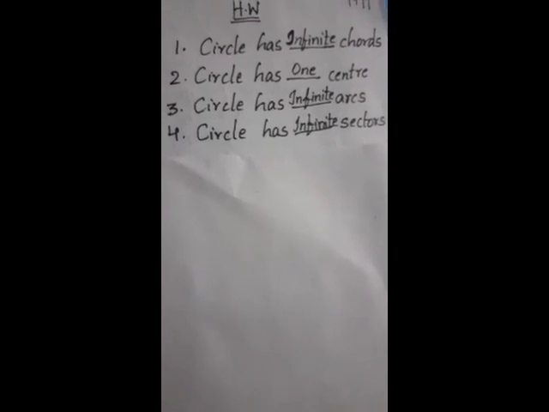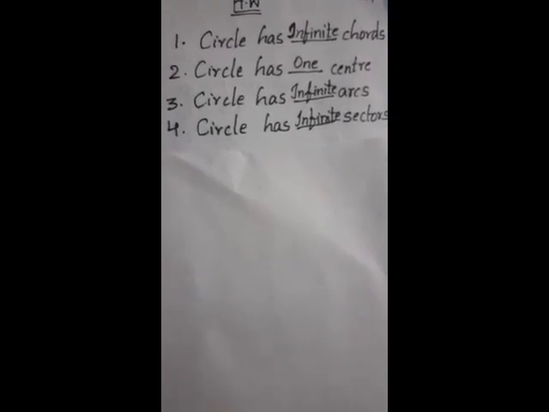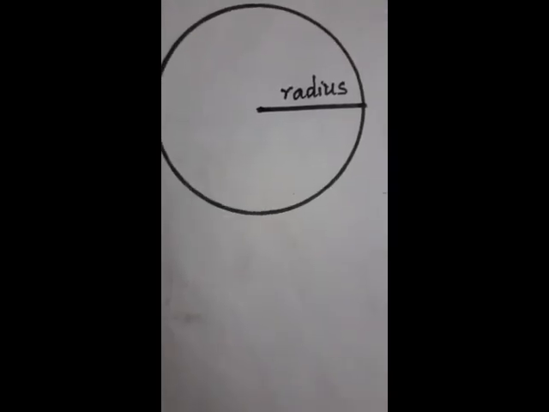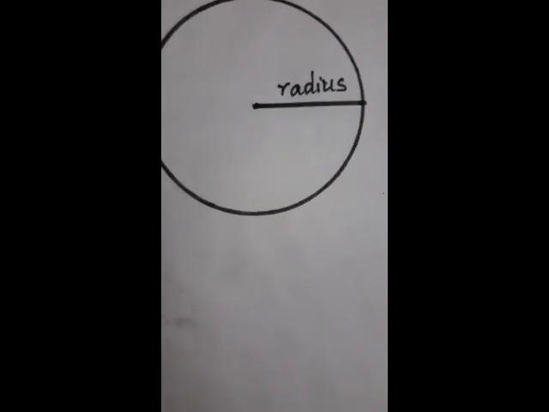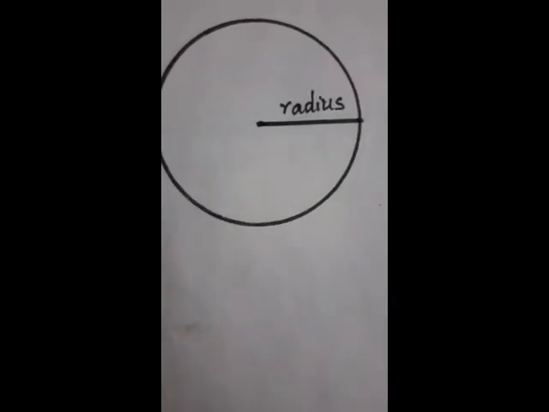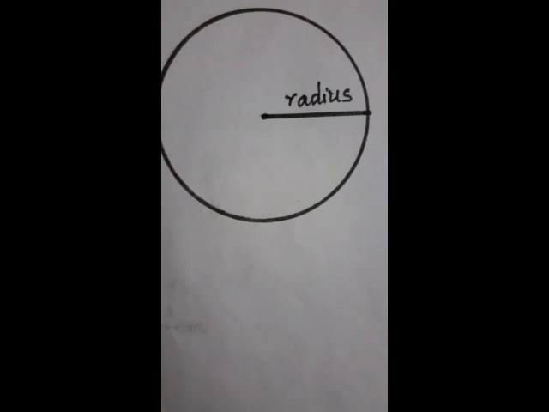Now, today I am explaining the relation between radius and diameter. Children, you know radius, right? Look here. Is it radius or not? From the center to any point on the circle. From the center to here I took. This is radius.